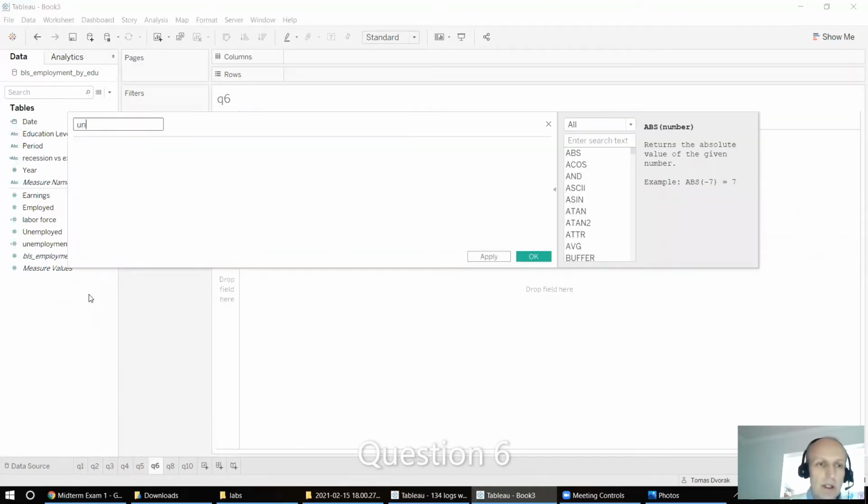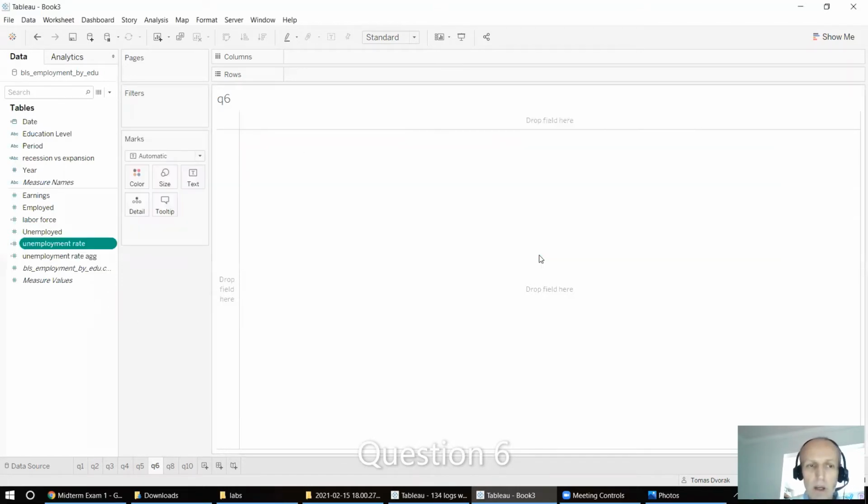So we're going to calculate unemployment rate by just taking the number of unemployed, dividing it by labor force. This is going to be a row level calculation. We're going to have for each month and each year and each education level a separate unemployment rate. And we're going to average those unemployment rates over time.